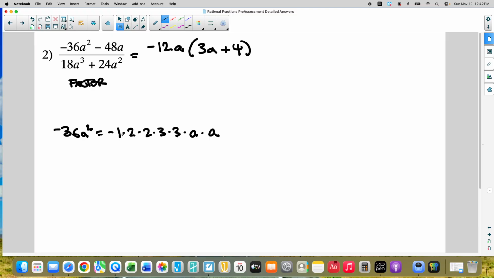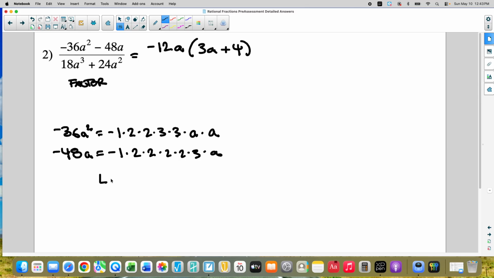There you go. That's correct. Negative 1 times 2 times 2 times 3 times 3. Yep. And then negative 48A has a negative 1. 2 is 24. 2 is 12. 2 is 6. 2 times 3 times A. I think I did that right. 16 times 3. Yep. Good.